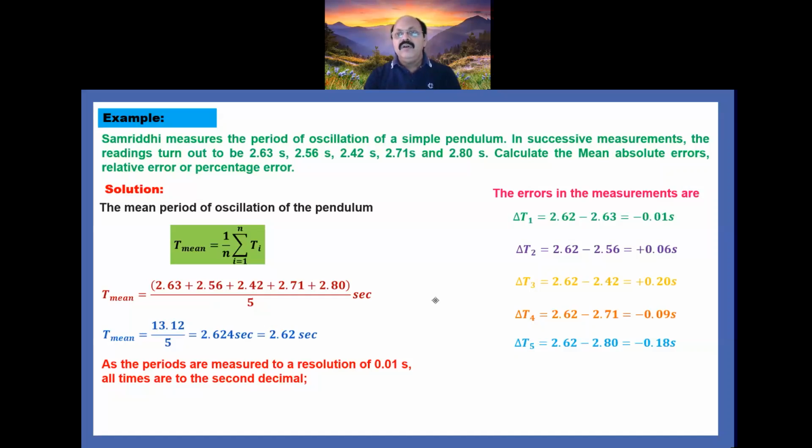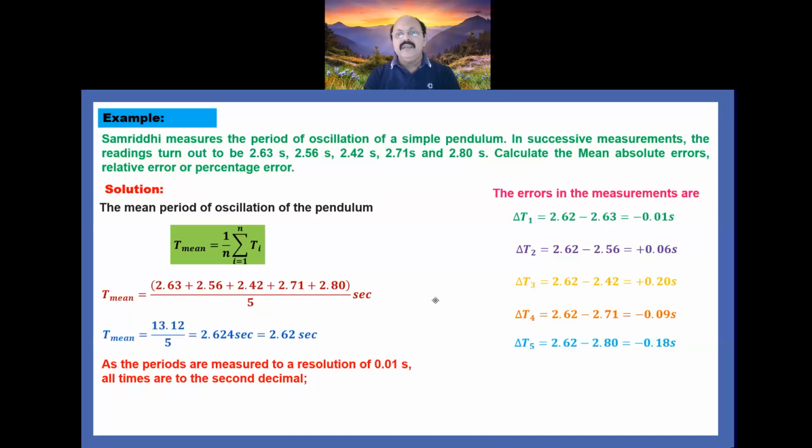And the absolute errors are the mod of these errors. So minus 0.01 second becomes 0.01 second. Similarly, 0.09 second, which is a negative value, also becomes a positive value. That is in terms of the absolute errors. Your aim is to calculate the mean absolute error.